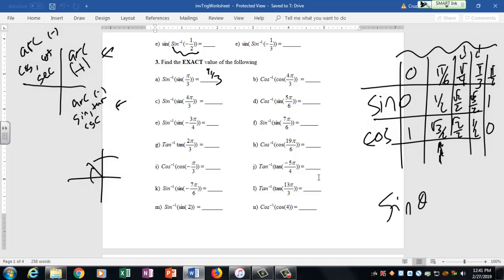So sine of what angle is square root of 3 over 2? The answer is pi over 3. Right? But when I do sine 4 pi over 3, that's in quadrant 3. Do we agree? So that would be negative square root of 3 over 2.